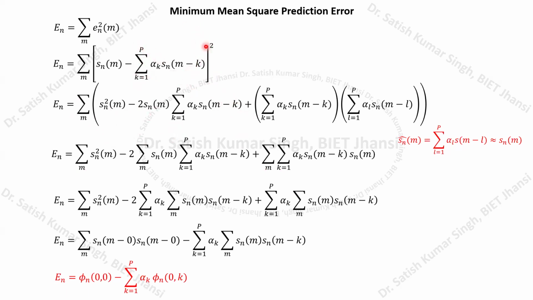Instead of writing the square of the summation, we can write the multiplication of two summations.